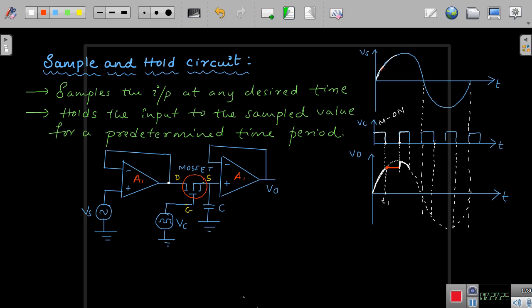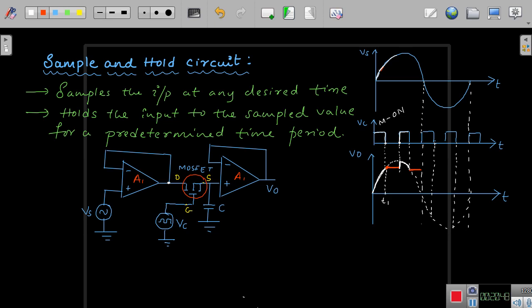Then again from this point to this point, because of the presence of this, you will hold it like this. Check whether you are going to hold it like this now.